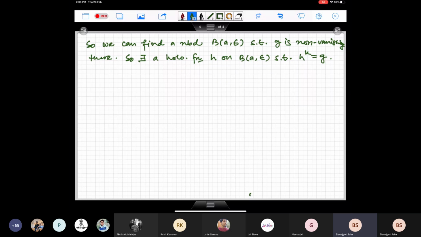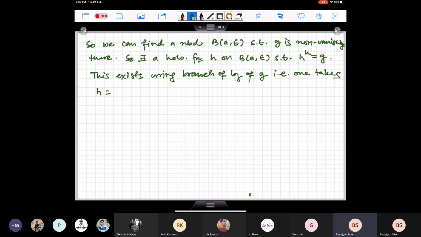If you really need the concrete function, I can give it. This exists using a branch of logarithm. g is a non-vanishing function, so I can take a branch of logarithm of g.